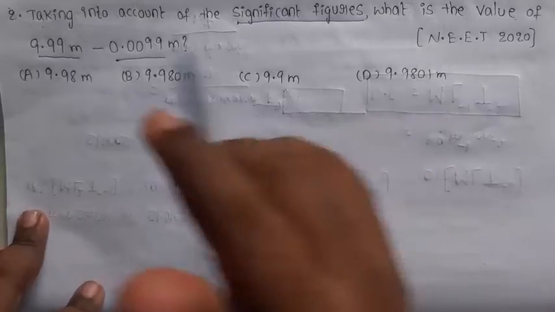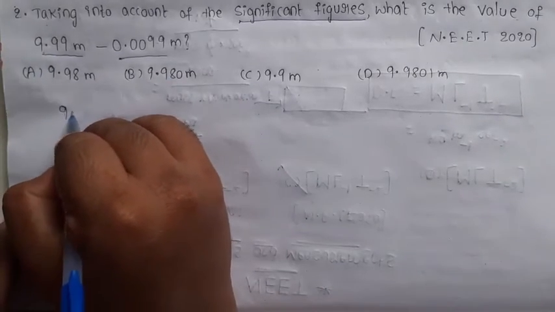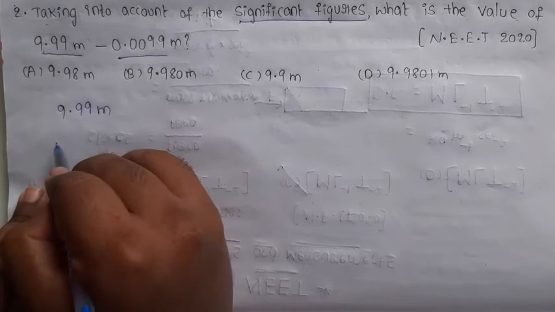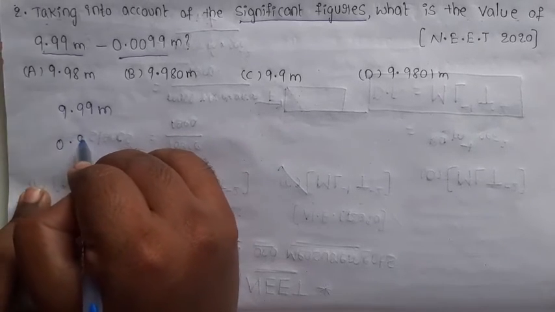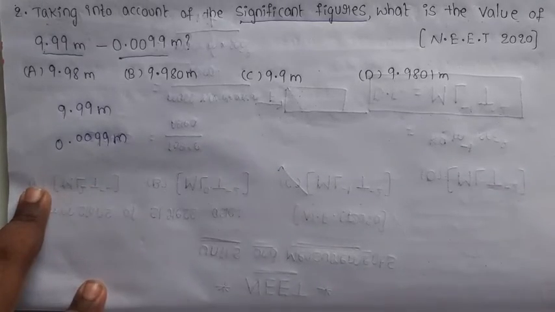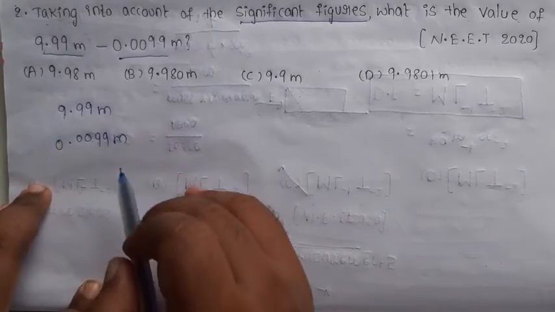What is meant by significant figure? Here two values are given: one is 9.99 meter, and the next one is 0.0099 meter. First of all, what is the significant figure of 9.99?